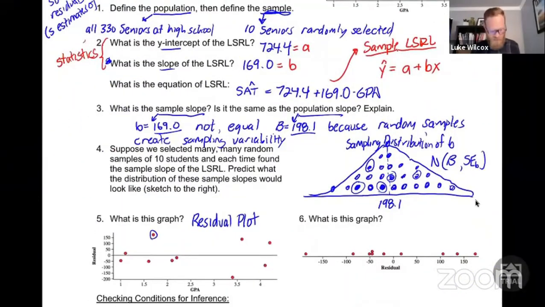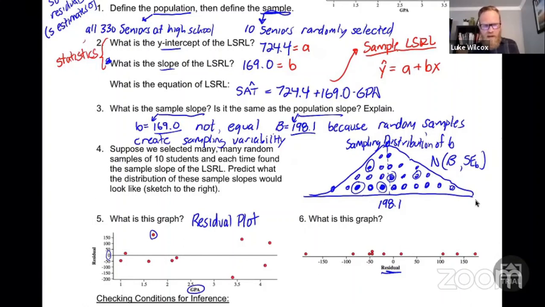And also notice that you've got 0 at the center of all the residuals, and you've got some positive, some negative. And then on the x-axis, we're actually just graphing the x values, the GPA. Now move on over to the next graph, and students will say, oh, it's a residual plot. Well, not exactly, right?